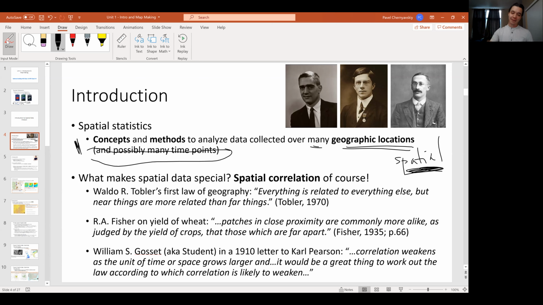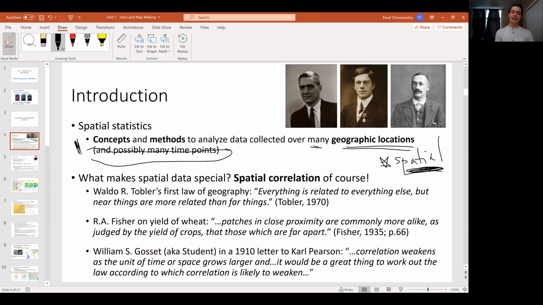But after this class, I think you won't be too far away if you have to analyze data that is spatio-temporal in nature. So in reality, you very frequently have space and time. But in our class, where spatial statistics, at least this time around, we're going to be focusing on spatial.